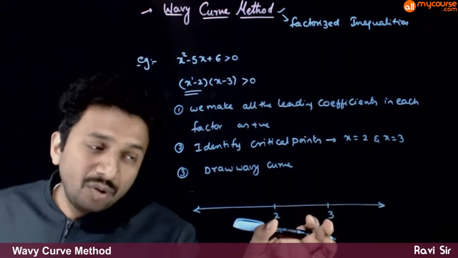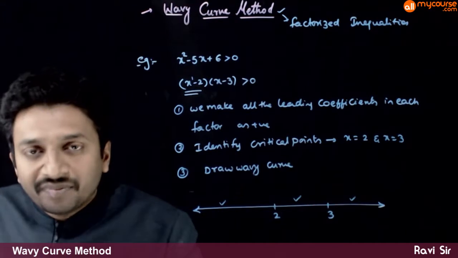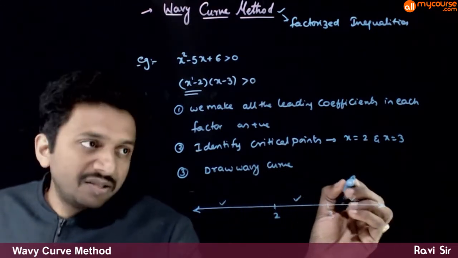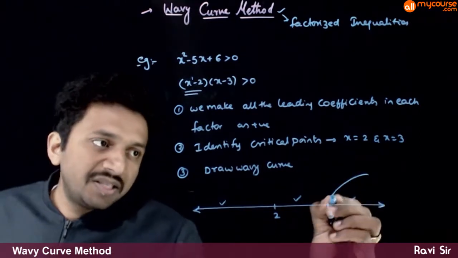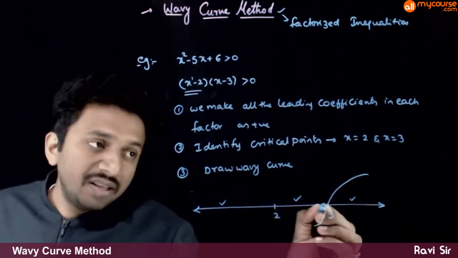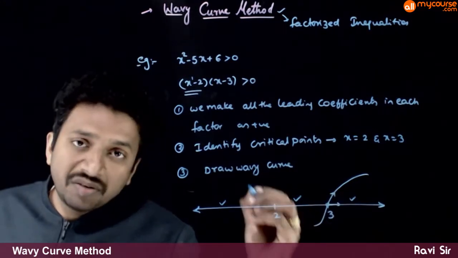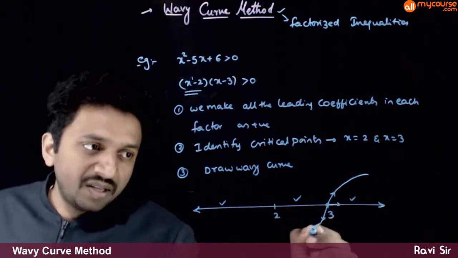So when you have two critical points, the real number line will be divided into 3 parts. In the rightmost part, start from the positive side. So you start from above, and at each critical point, just change the sign. That is, on the right side of 3, the curve is on the positive side. On the left side of 3, the curve comes to the negative side.